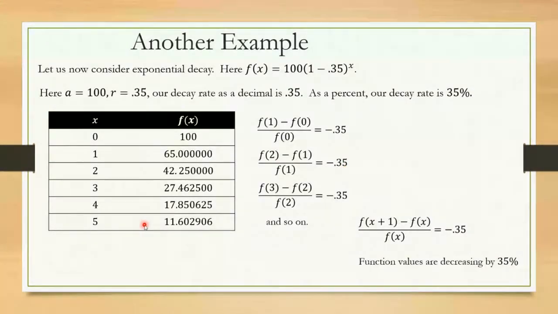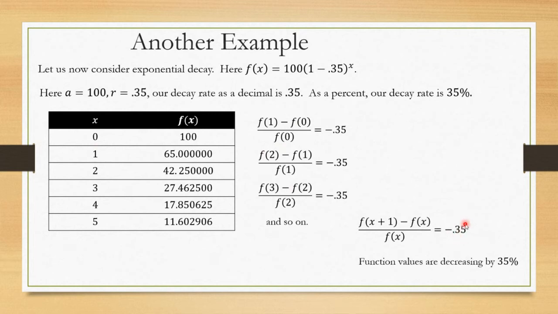And that's always going to happen. If you start x at any number and you increase x by 1, from 0 to 1, 1 to 2, the corresponding function values are going to decrease by 35%. So if you were to calculate the relative change, you would get negative 0.35.